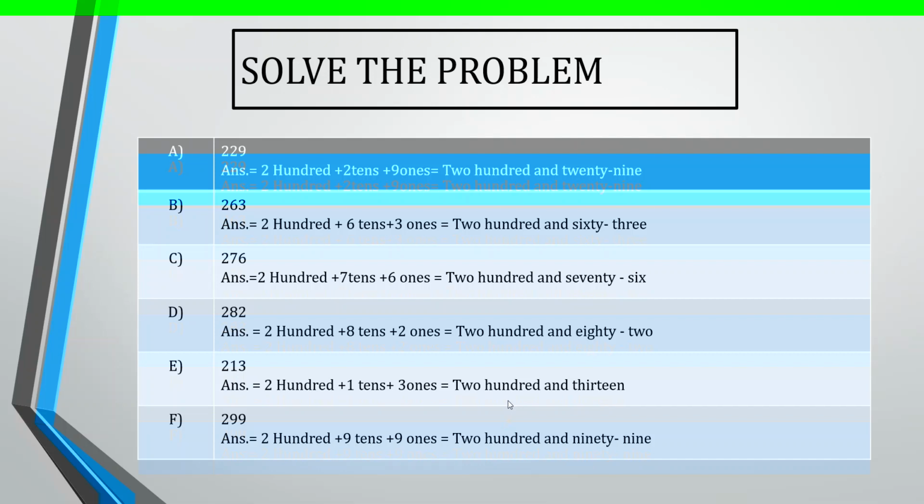This is the correct answer, 213. Question number E. Then last question, question number F, 299. This is the value of 200 plus 9 tens plus 9 ones equal to 299. Yes. This is the correct answer, 299.